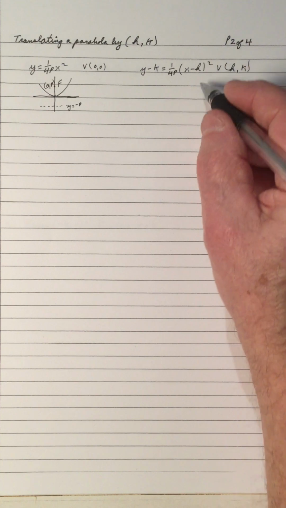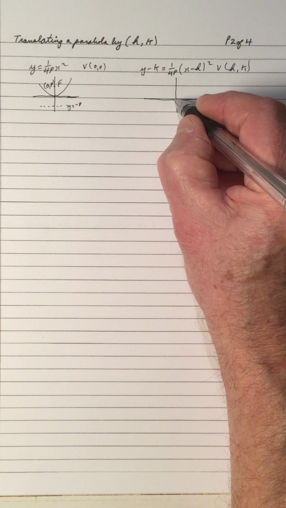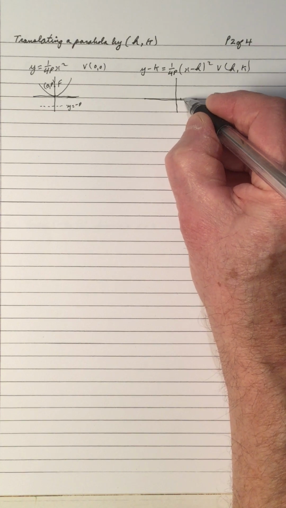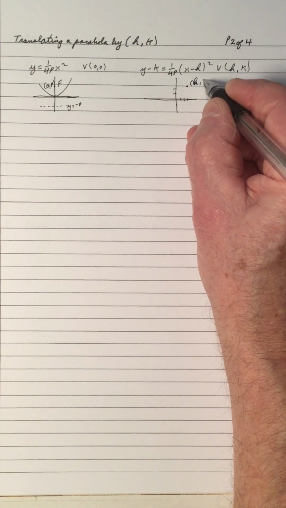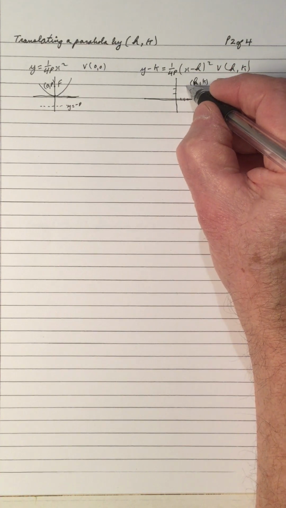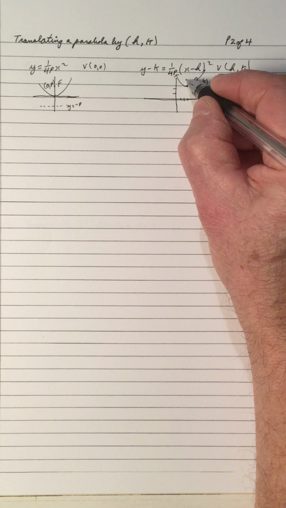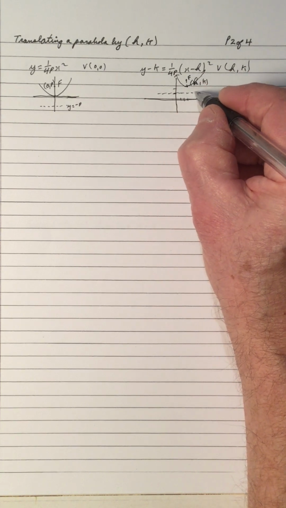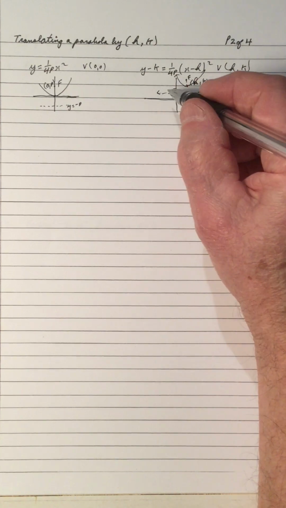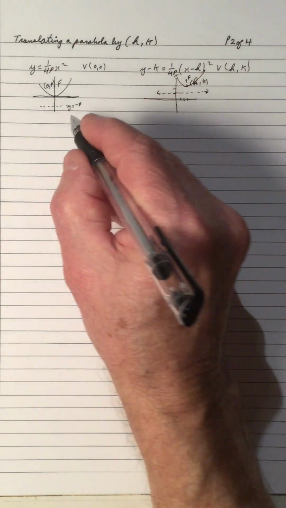So if you think about it, the vertex is moved over here and moved up, so if this is (h, k), then it's still opening up like this. P is positive. The focus is here, and the directrix is here. But the parabola is just shifted by (h, k). So let's do a few examples.